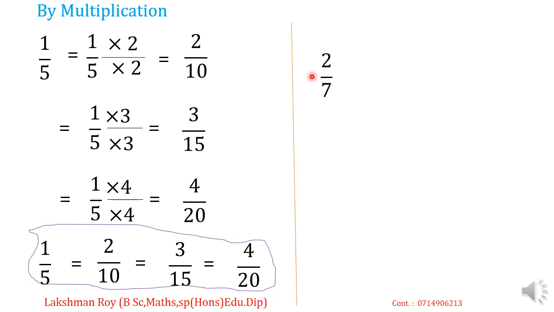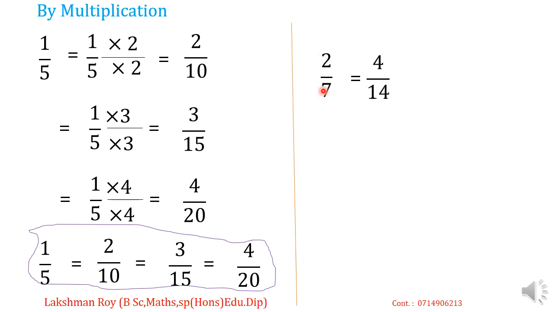Without steps, I directly write the equivalent fractions. So in your mind, you have to multiply by 2, 3, 4 like that. Both numbers, numerator and denominator, multiply by the same number. Let's see. I select number 2. So 2 should multiply by 2 and 7 should multiply by 2.